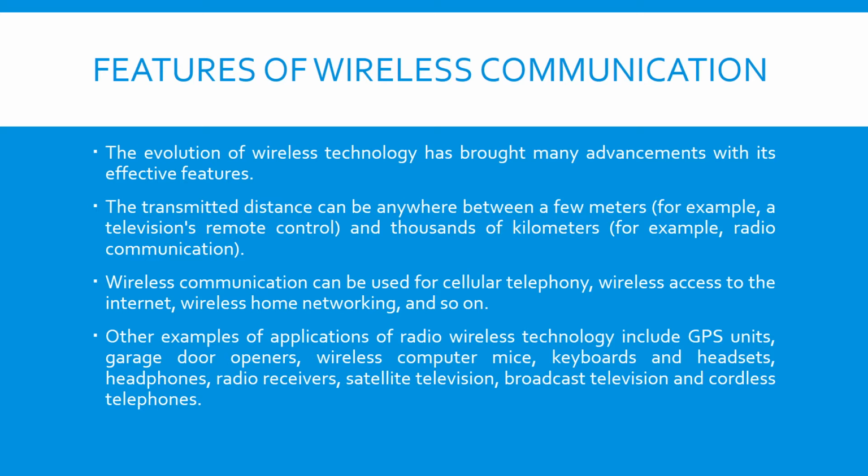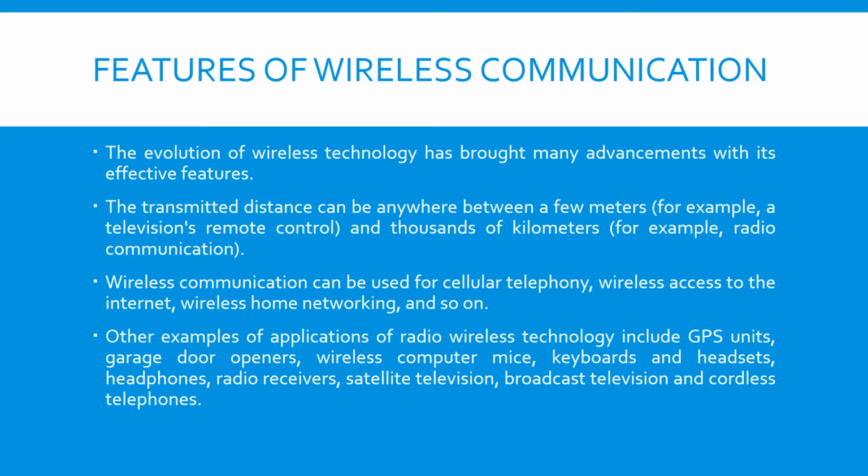But as the technology enhanced and improved, we are able to connect globally. The transmitted distance can be anywhere between a few meters and thousands of kilometers. So, as of now, the transmission of information over the wireless network could be from a few meters to thousands of kilometers across the globe.